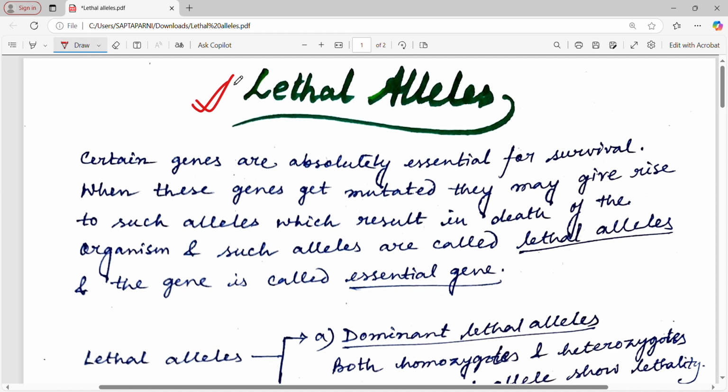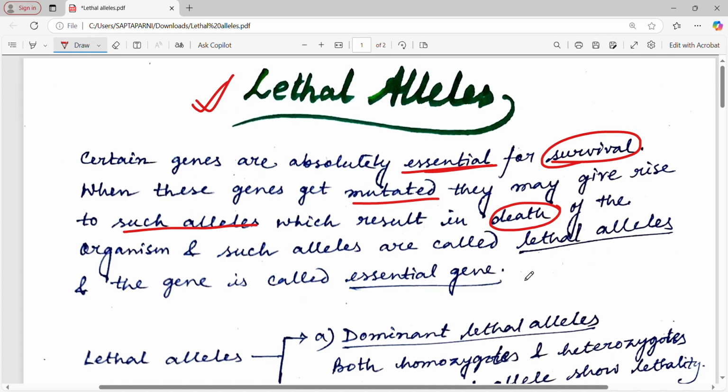There are certain genes in our body which are absolutely essential for our survival. When these genes get mutated, they may give rise to alleles which can result in the death of the organism.